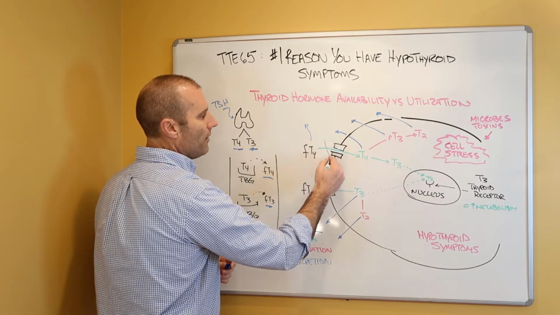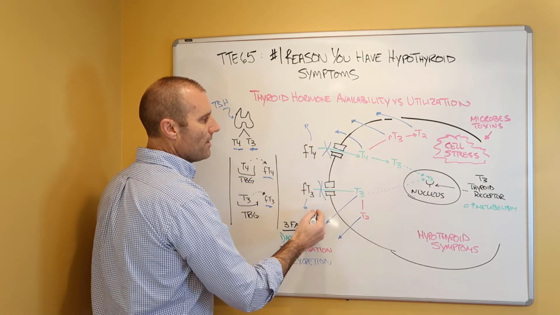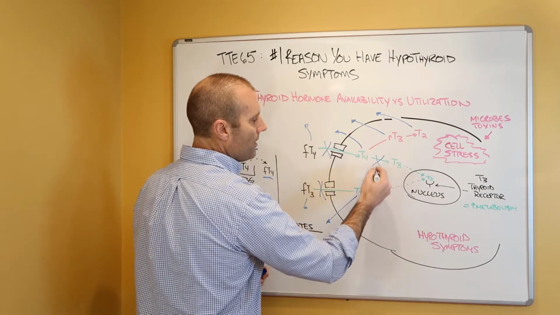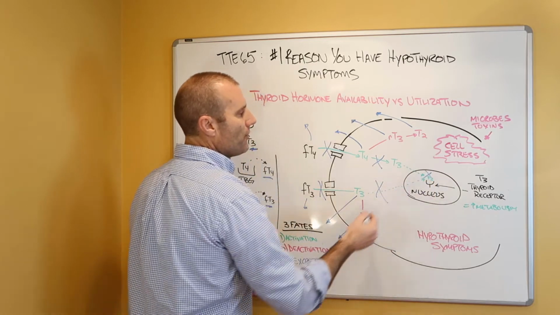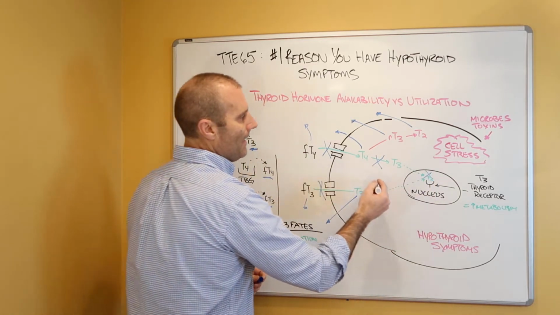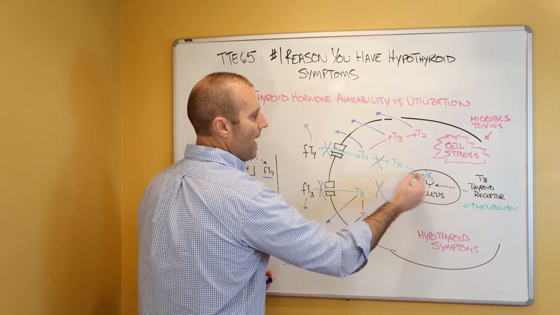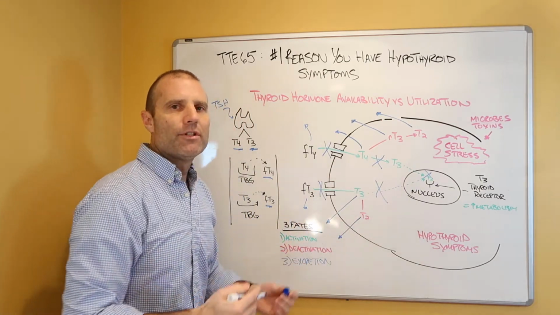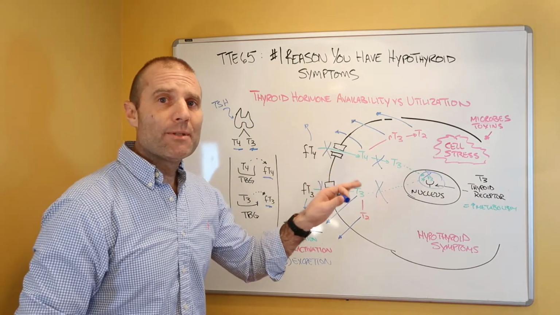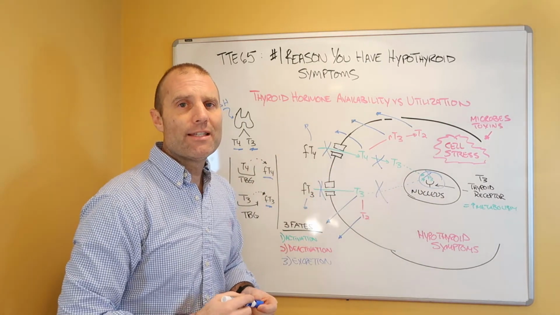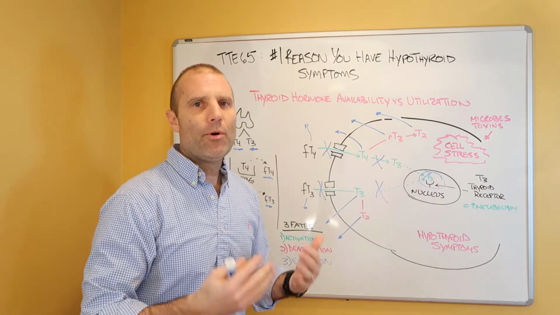You could have decreased transport into the cells, you can have decreased activation of thyroid hormone, you can have insufficient levels of T3 occurring, and any of these steps being blocked is going to result in decreased thyroid hormone, T3 specifically, getting to the nucleus of the cells, and is going to result in hypothyroid symptoms.